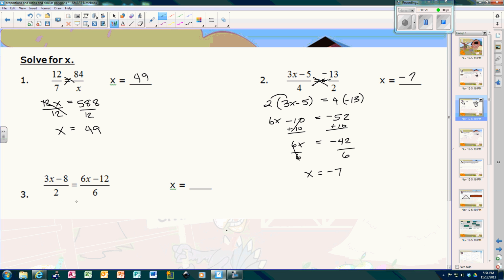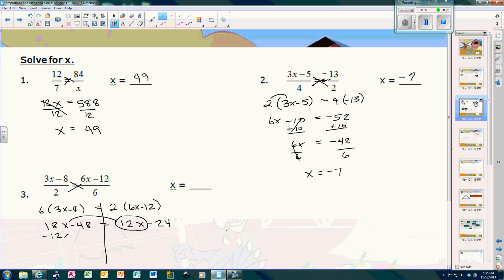And then sometimes they may even look really bad, but they're not. You're still going to cross multiply. So you get 6 times 3x minus 8 equals 2 times 6x minus 12. So distribute: 18x minus 48 equals 12x minus 24. So move the 12x over. If I want this positive 12x to move over here, then I'm going to subtract 12x.